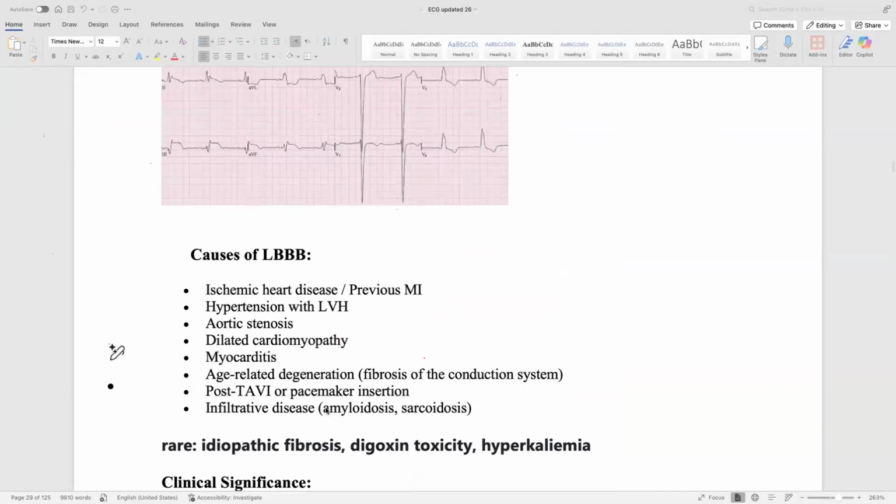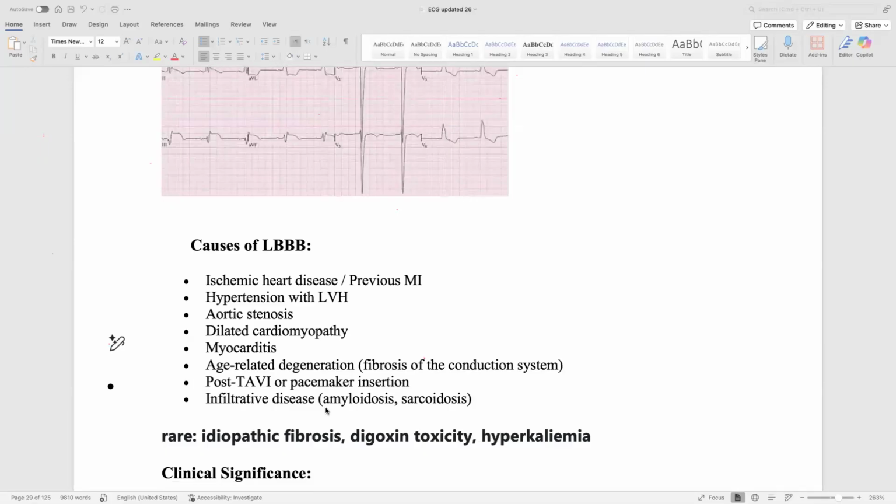Causes of left bundle branch block: destruction of the left ventricle or an area of the left ventricle. Where is the left bundle? Left anterior descending artery territory, or the MI.